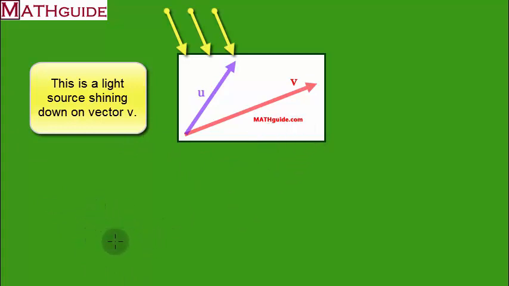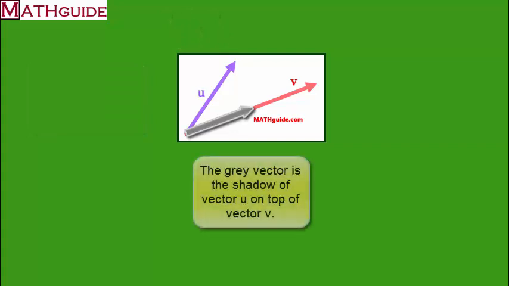So what does the shadow look like? Well, kind of looks like that. And that's our shadow. That is what the projection is, and that's what we're trying to calculate. We're trying to find the length of that shadow vector on top of V. You think, why do we need to do it?